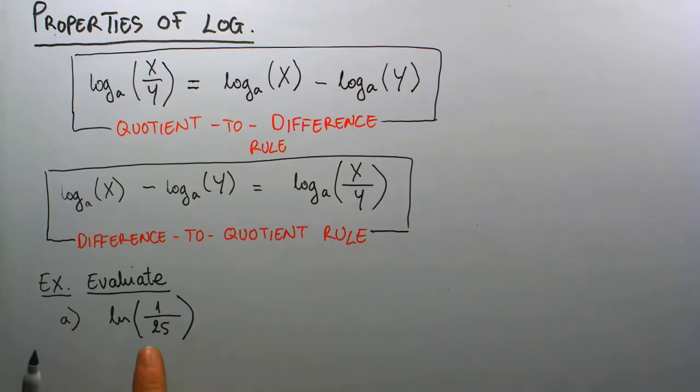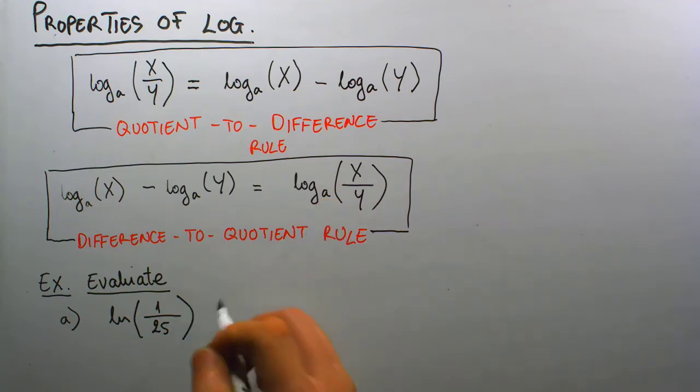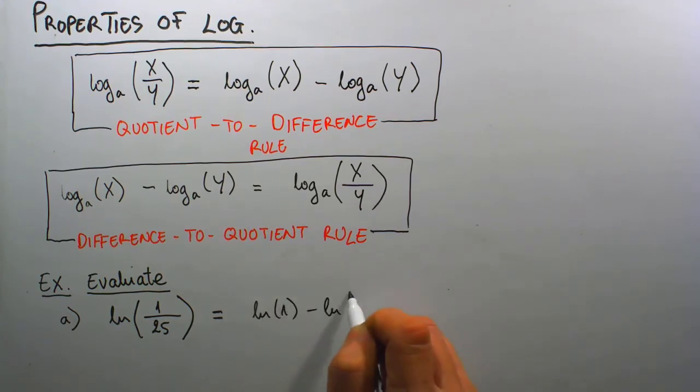So we already had an answer, but now we think about the effectiveness of how we use the calculator on top of what we have already learned about the rule here. Before we use a calculator, we can effectively rewrite this. Notice how that is a quotient. So we can rewrite this as natural log of 1 minus natural log of 25.